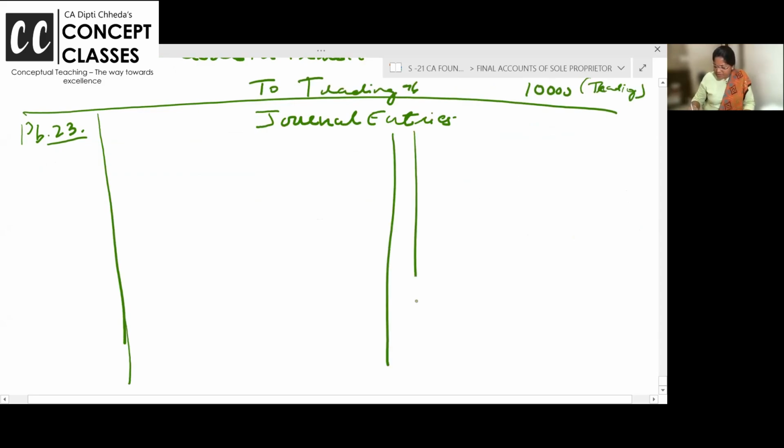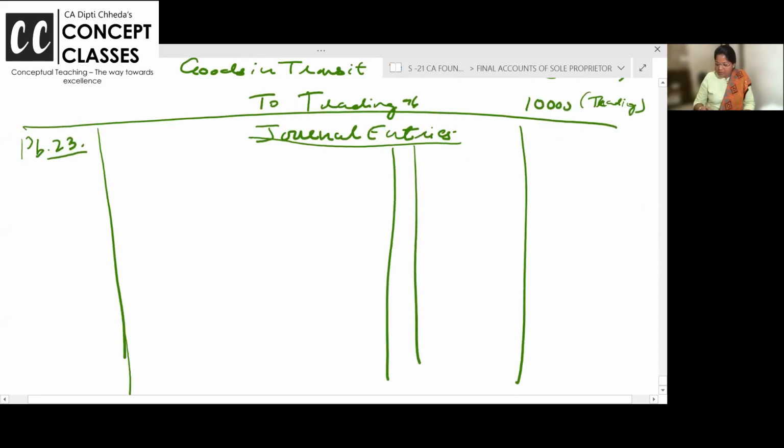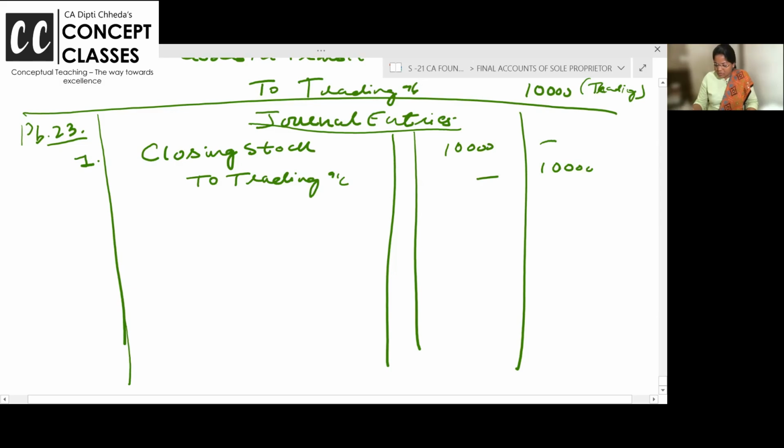Date, particulars, ledger folio, debit amount, credit amount. Closing stock account debit to trading account, 10,000 and 10,000 is the closing stock. Trading account ko credit karo and closing stock you can write in the current assets.